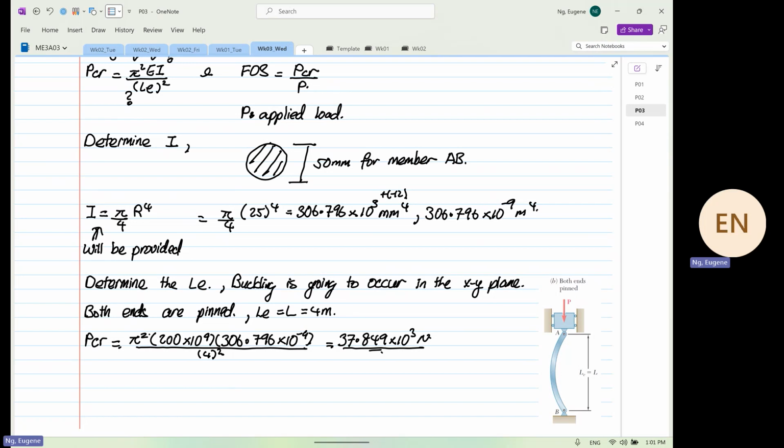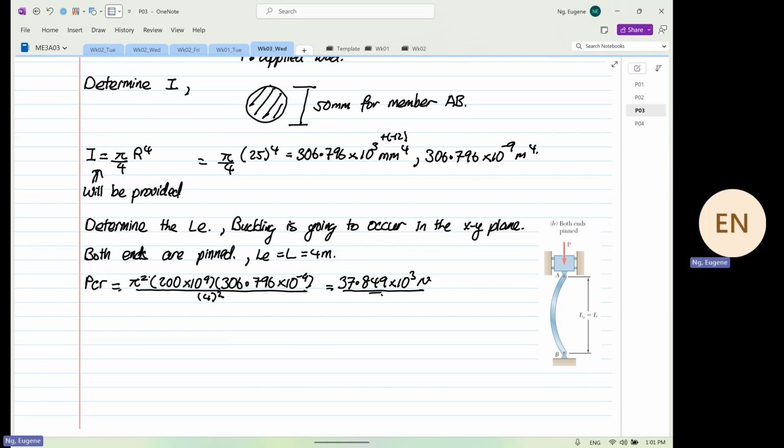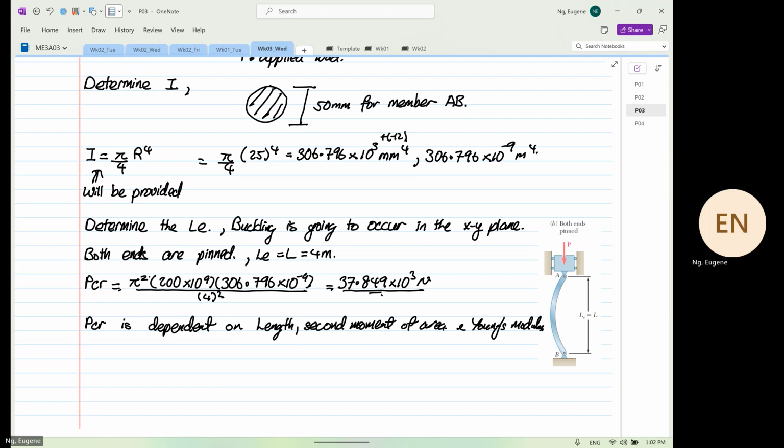So now we have to determine what our P is. This critical load, this PCR over here, is dependent on length, second moment of area, Young's modulus, and fixturing.